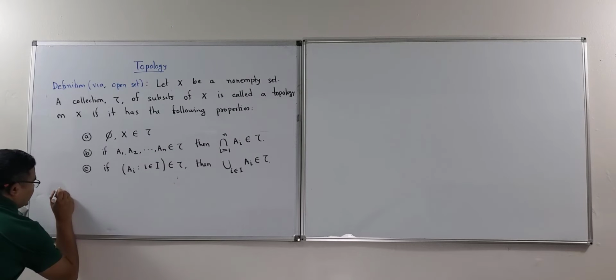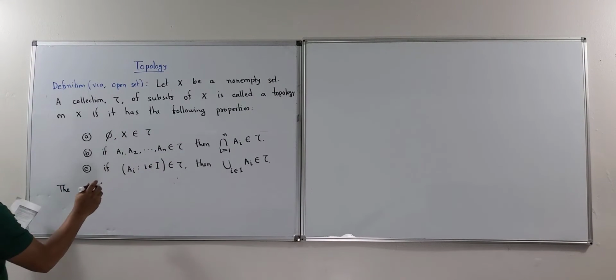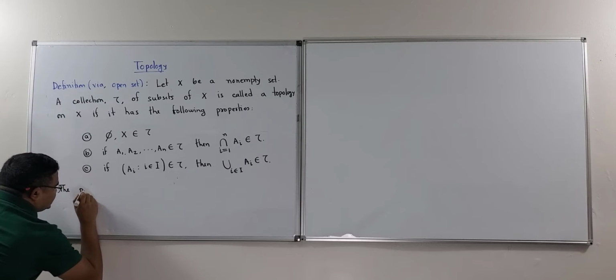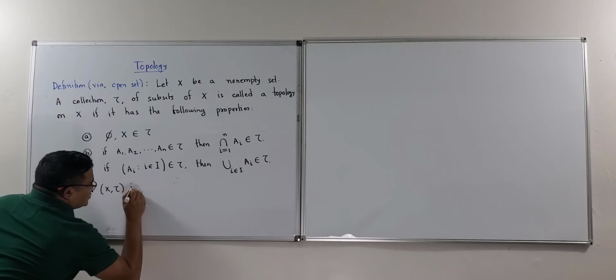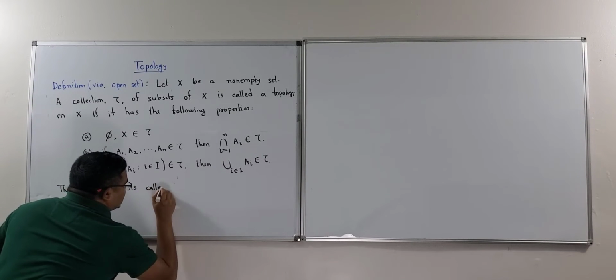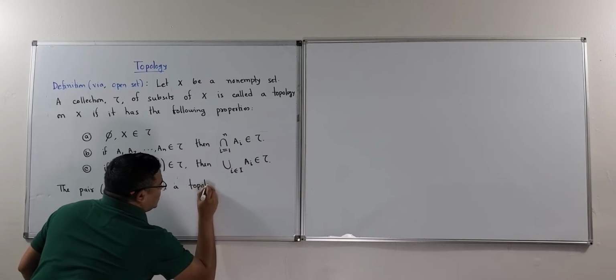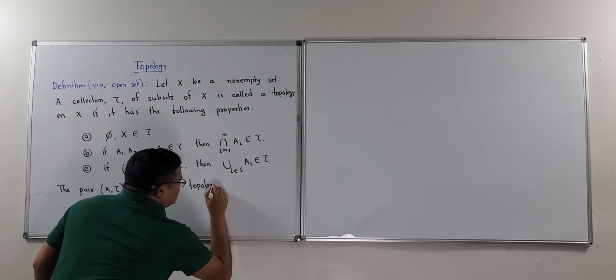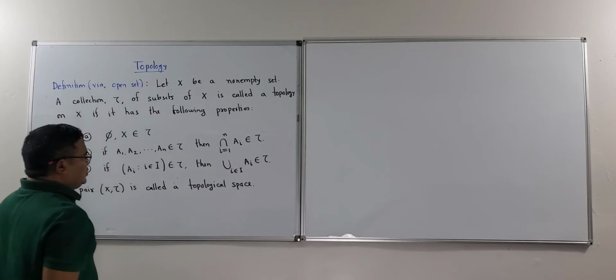Then this tau is called a topology, and the pair, the set X and tau, is called a topological space. Okay.